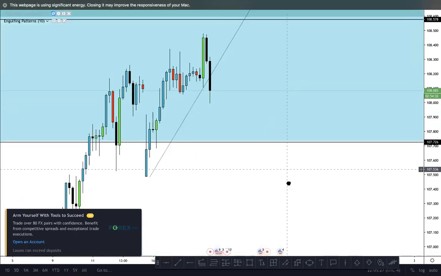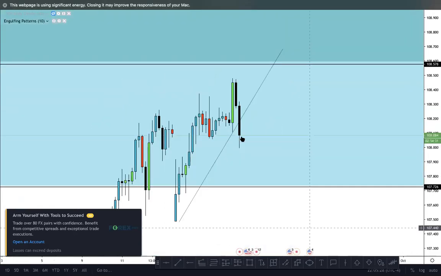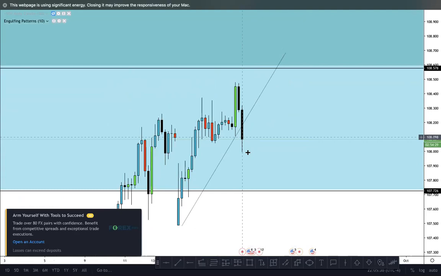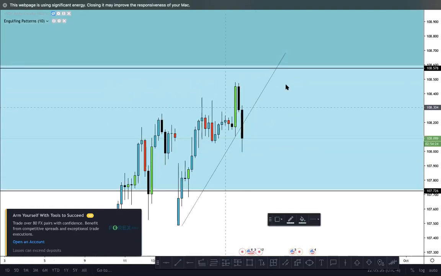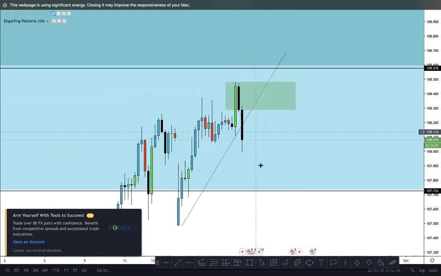And once we get another candle push down and close below this trend line, then we could consider this area responsible for creating a supply zone, because a lot of the times the peaks could be the base when it's like that, right?